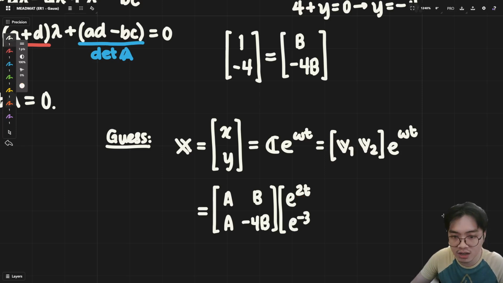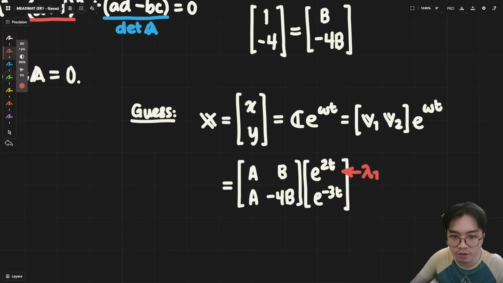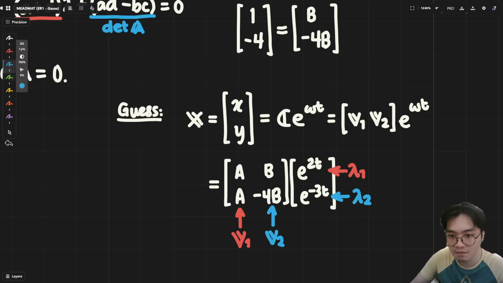And e raised to negative 3t. This is our second eigenvector. So they are always numbered like this. The first eigenvalue will correspond to the first eigenvector. The second eigenvector will correspond to the second eigenvalue.